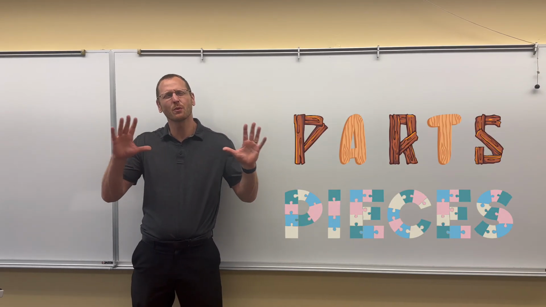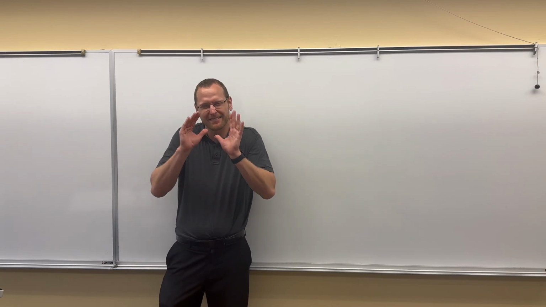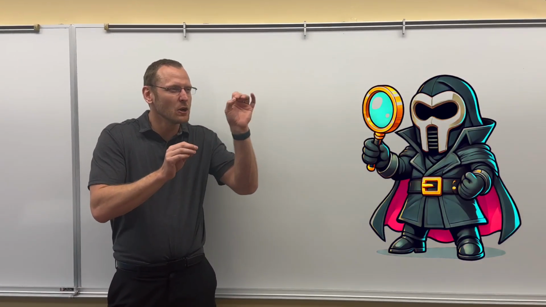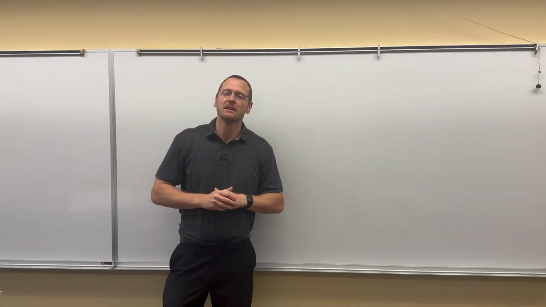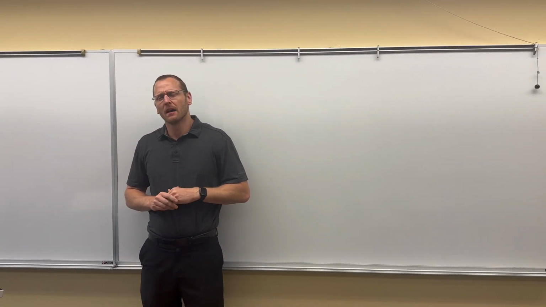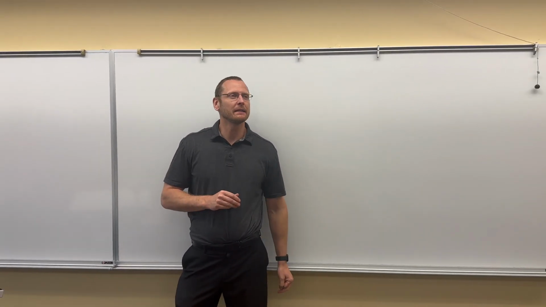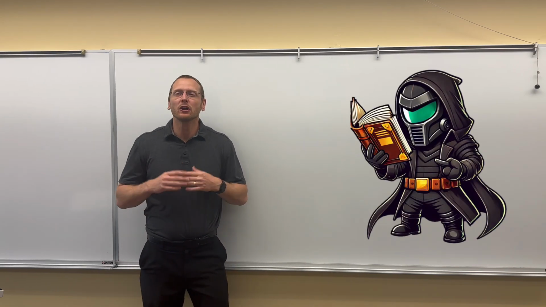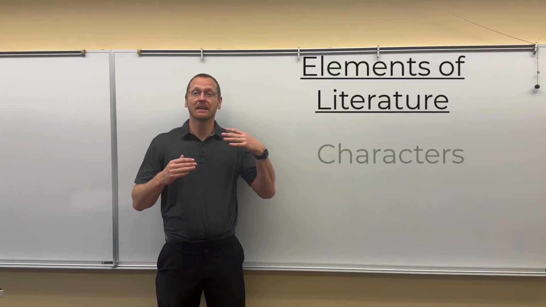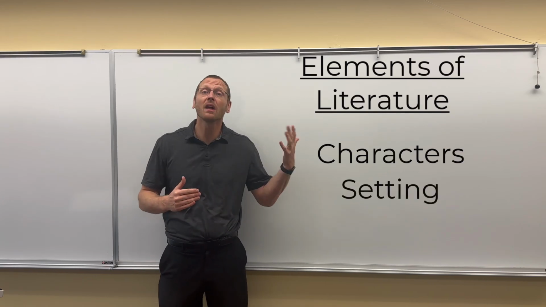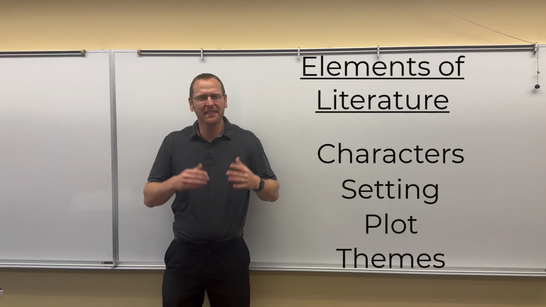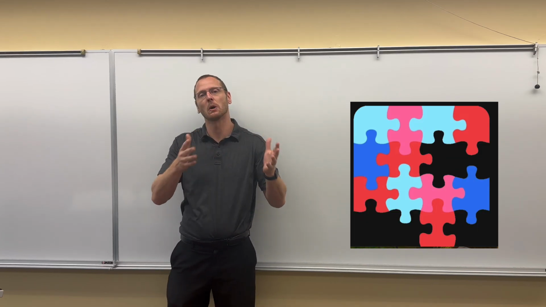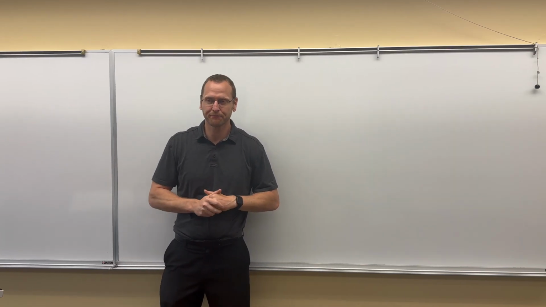And in this way you almost want to think of yourself as a detective, where you're inspecting and looking at and noticing different little smaller parts to a given thing. For example, if you were doing a literature analysis and you were analyzing a story, you might look at the characters, the setting, the plot, or the themes, right? That is you taking a story and then breaking it down into smaller components or parts.